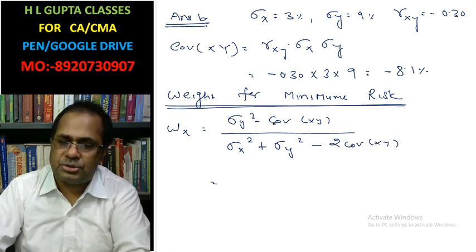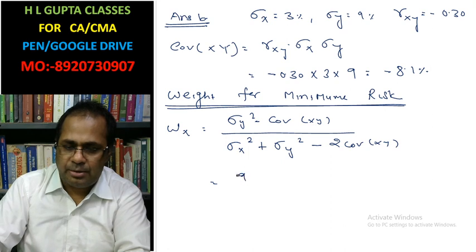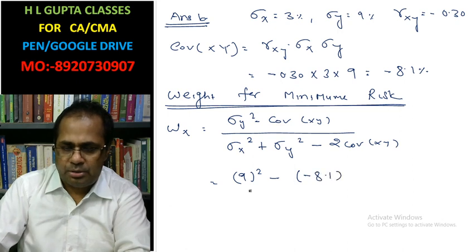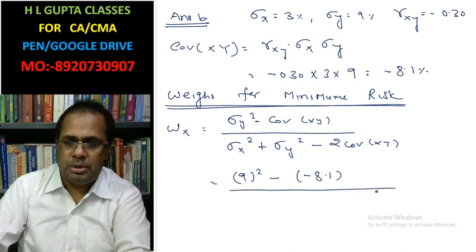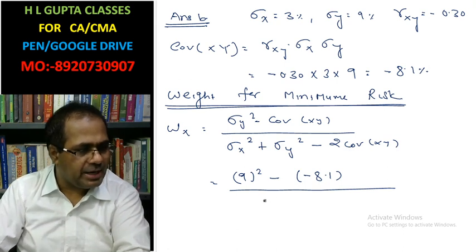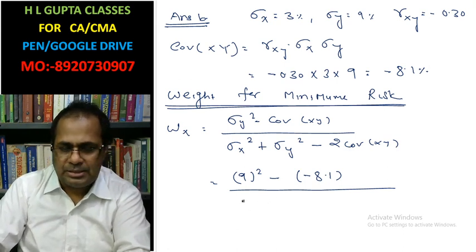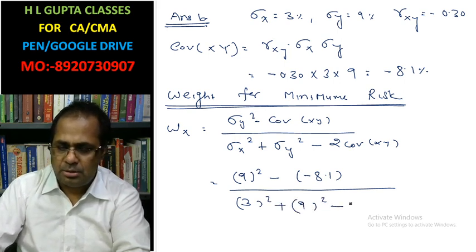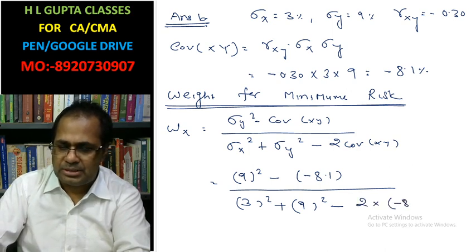Standard deviation y is 9 whole square minus 8.1, and standard deviation x is 3 whole square plus 9 whole square minus 2 into minus 8.1.